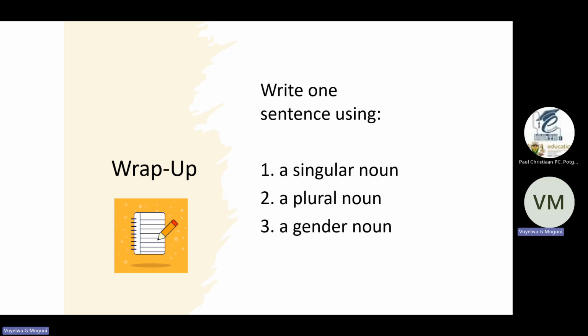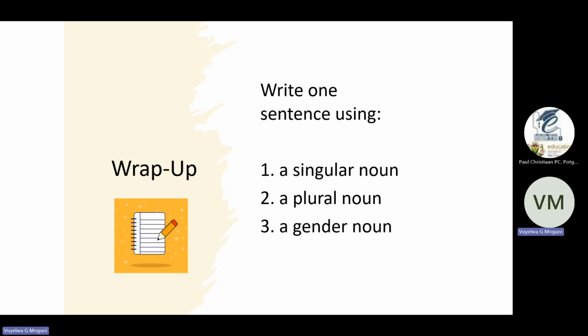For example, I'm giving you examples now. Please do not use these examples. Use your own examples. Remember, we said three sentences where you use a singular noun, then a plural noun, and a gender noun. So you'll have three different sentences.